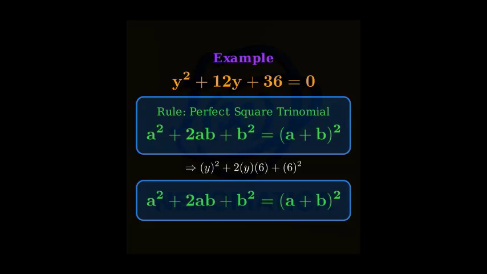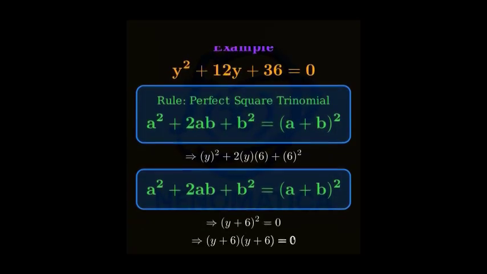Now, let's recall the algebraic identity that a squared plus 2ab plus b squared equals a plus b quantity squared. Using this identity, we can rewrite our equation. The y squared plus 12y plus 36 becomes y plus 6 quantity squared equals 0. Next, we can expand this further by writing it as y plus 6 times y plus 6 equals 0.